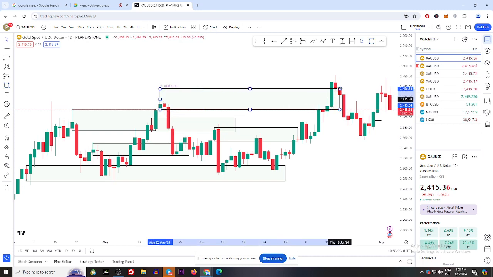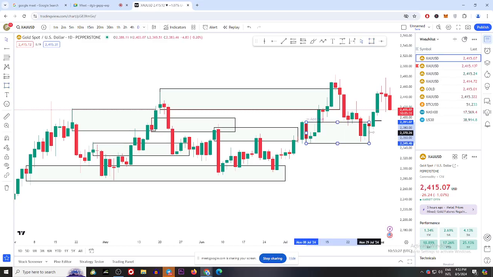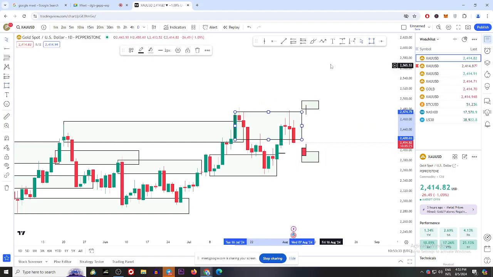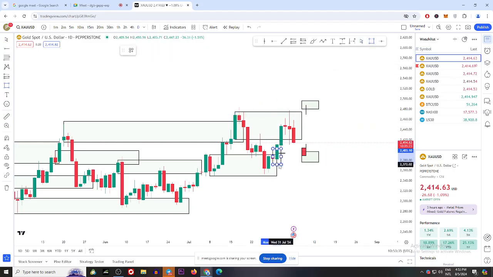This engulfing area, and then comes back to where? This engulfing area. And then goes to the upper side till where? Till this engulfing sell area. Now it is coming back till where? This engulfing sell area. Got it?